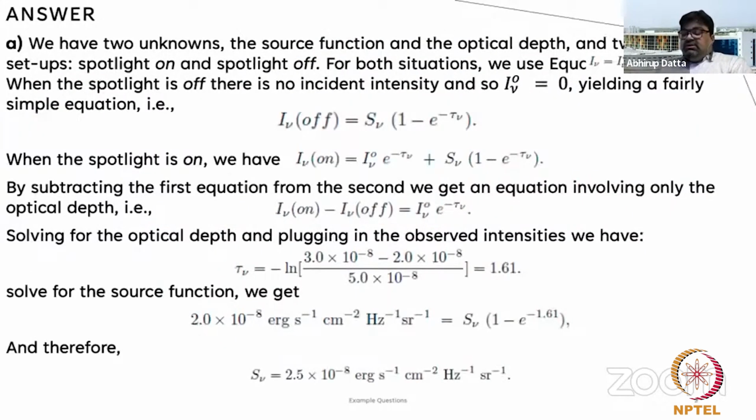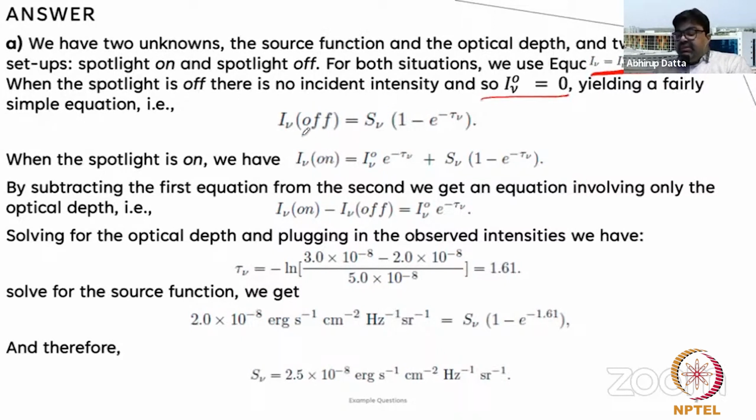Okay. So we have two unknowns, the source function and the optical depth. There's an equation we have using this I_ν; this part is already known. We have been using this particular expression before when we did the transfer. When the spotlight is off, there is no incident intensity, so I_ν0 is equal to 0.